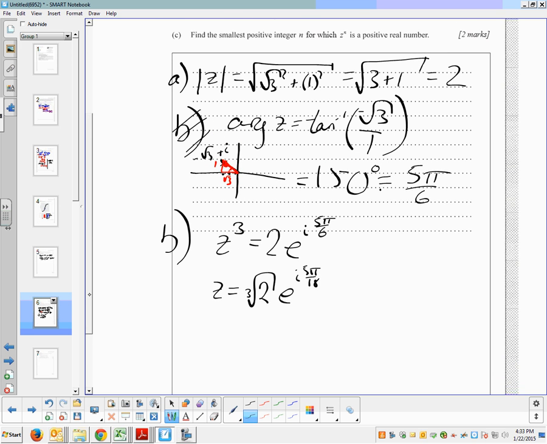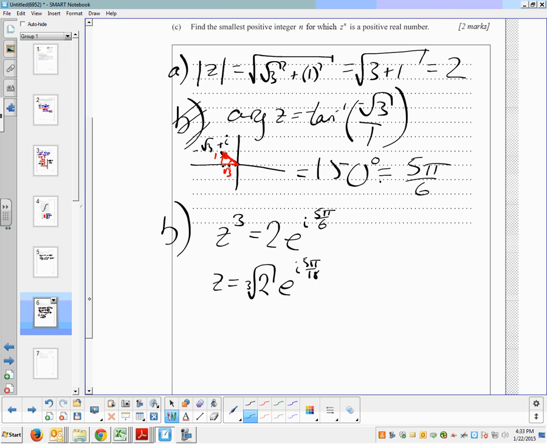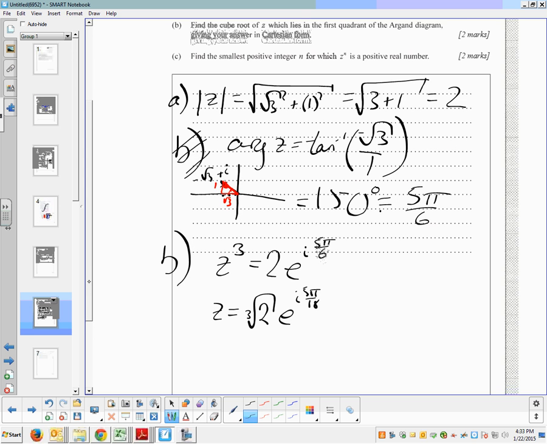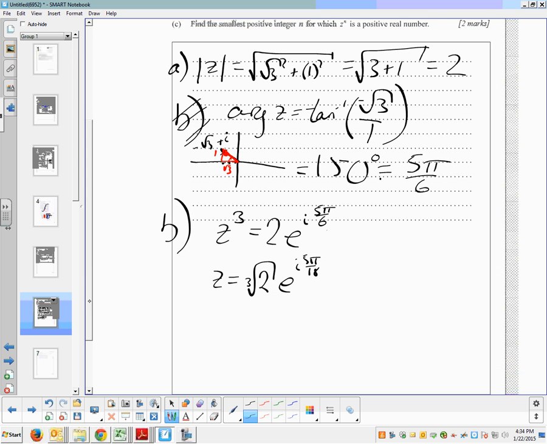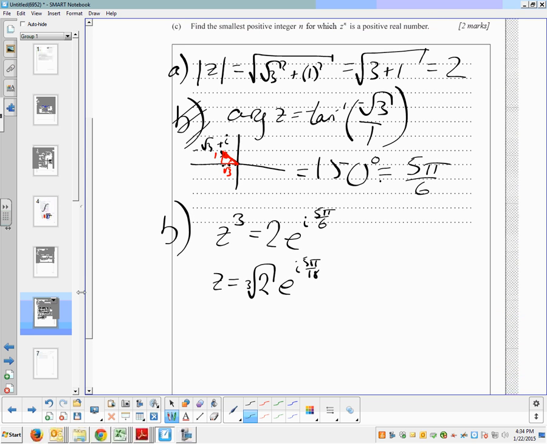Find the smallest possible integer n for which z to the n is a positive real number. Okay, so z was equal to 2e to the 5 pi by 6 times i, although the 2 is not going to be important for this bit.